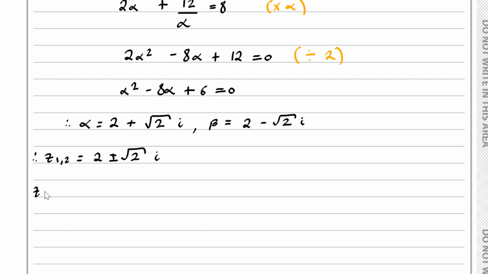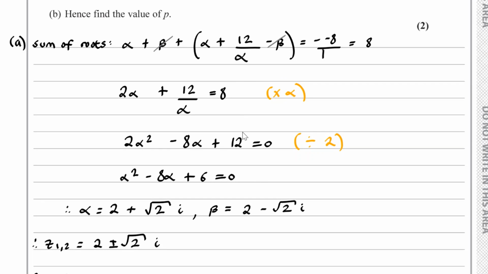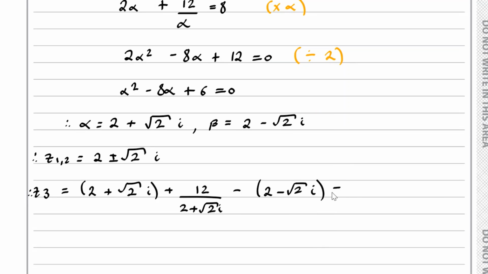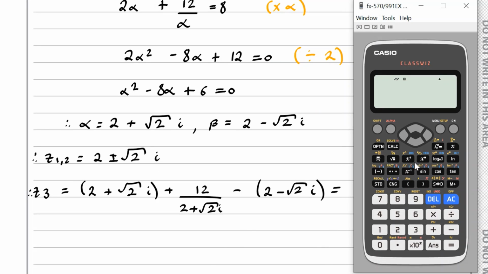So the third root, therefore, that will equal, well, if we substitute everything into this other root, we have 2 plus root 2i plus 12 over 2 plus root 2 I minus 2 minus root 2 I. And if we work this out, it's easier to do it on the calculator.